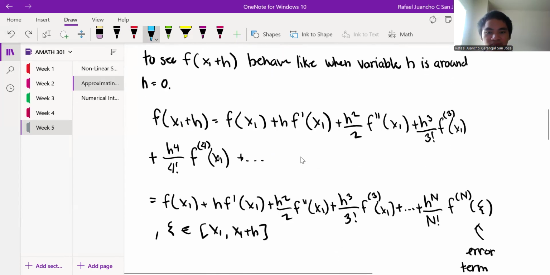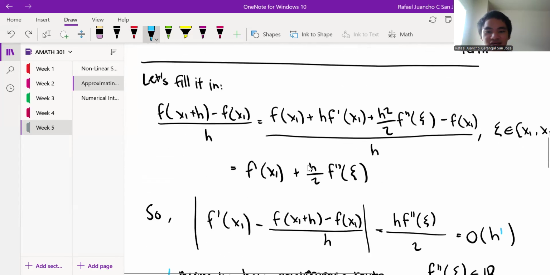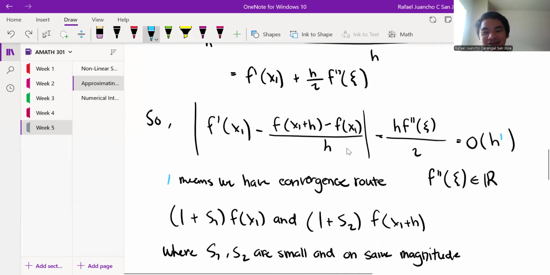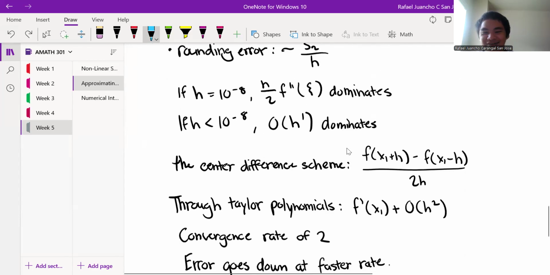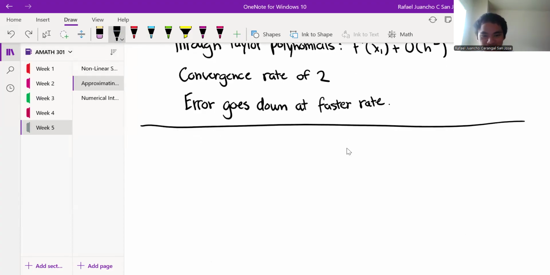And then we also did some error analysis, which was very complicated. I was super confused. Okay, so here's what we're going to do. We're going to approximate our derivative. So instead of the limit definition, we're going to take that one out, right?